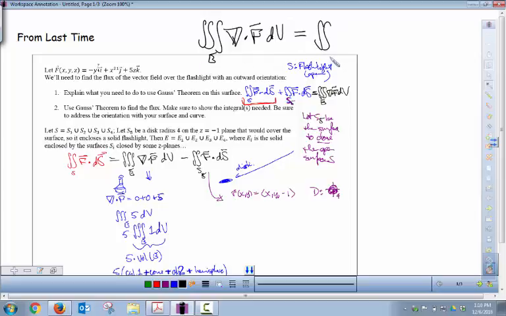Now instead of S over here, I'm going to call it the boundary of E, which is a closed surface. So this is a flux integral of the original vector field, dS.